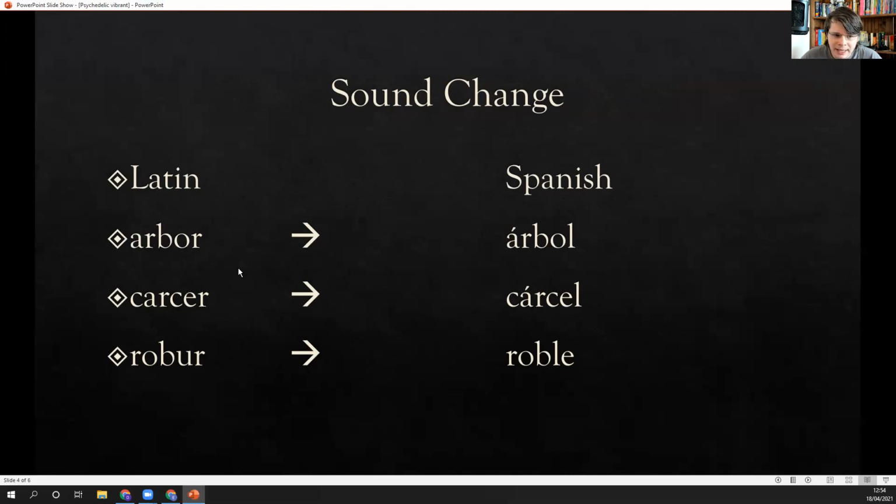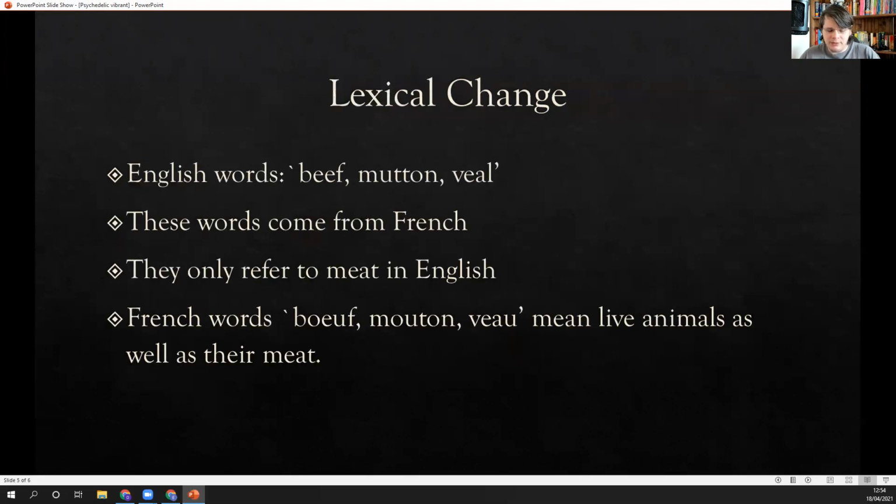So you can kind of see how these R sounds at the end of words have been replaced by L sounds, roble, etc. Okay, so that's an example of sound change. Obviously, it's not the only example of sound change. There are many, many more examples in English and in Spanish, but I want to keep this video short.